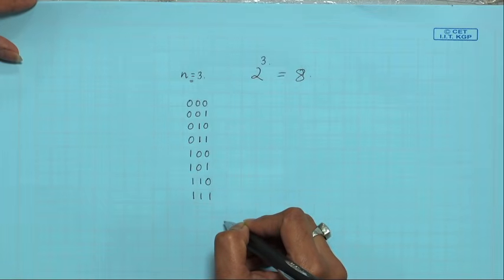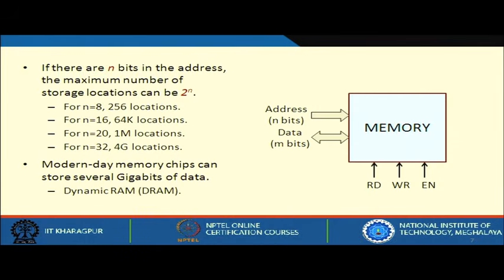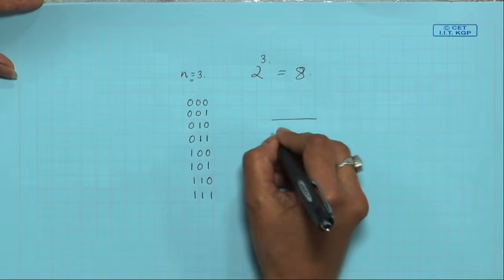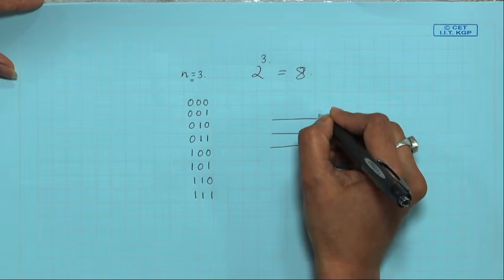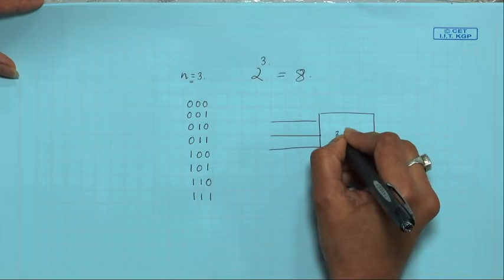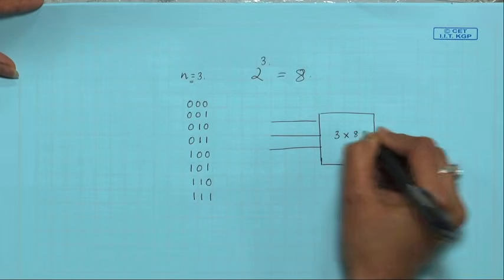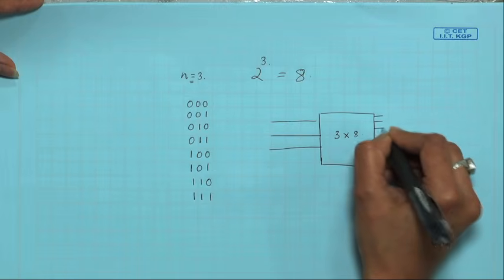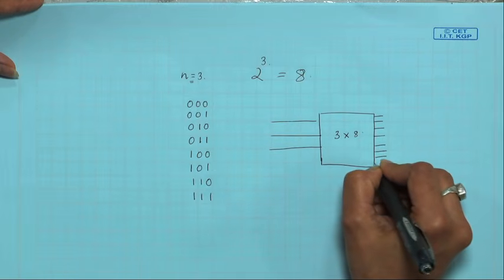So, what we mean is, if we have n bits in the address, then the maximum number of locations that can be accessed is 2 to the power n. If we have 3 bits in the address, the maximum number of locations is 2 to the power 3, that is 8 locations.